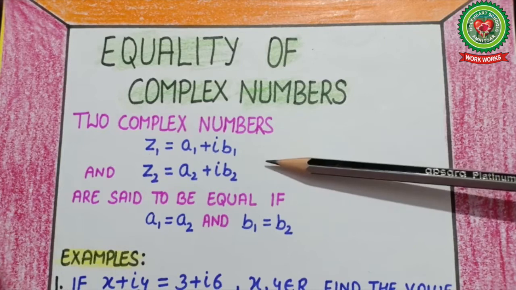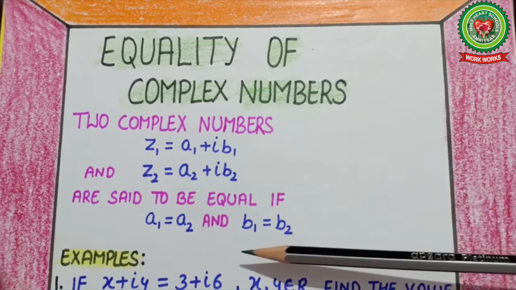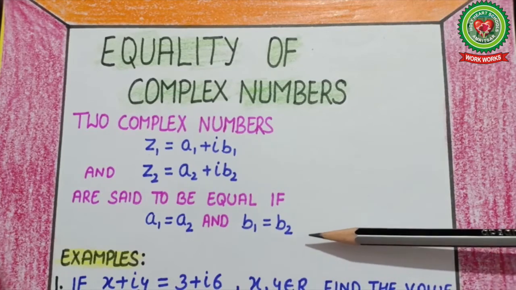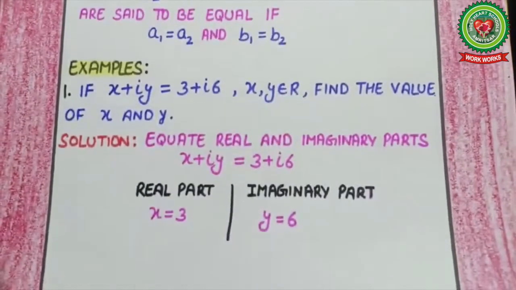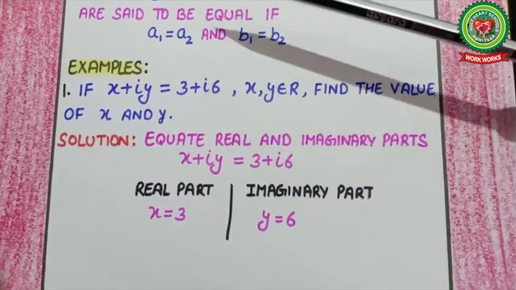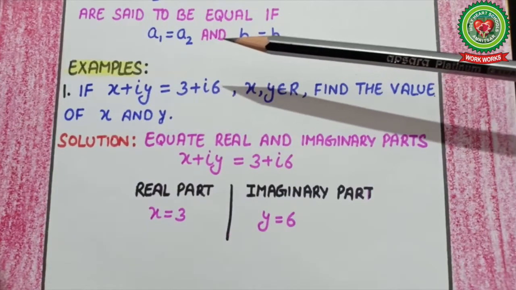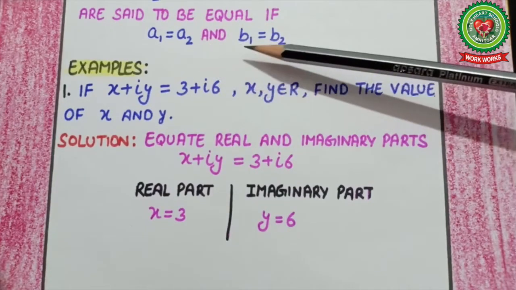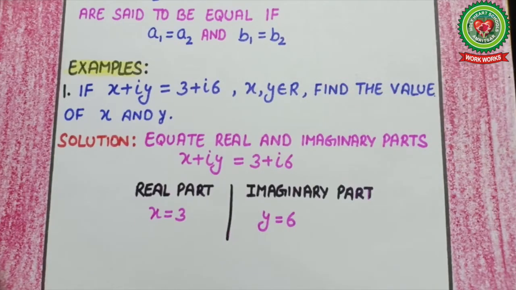These complex numbers are said to be equal if A1 equals to A2 and B1 equals to B2. Means real part equals to real part of second complex number and imaginary part equals to imaginary part of second number.